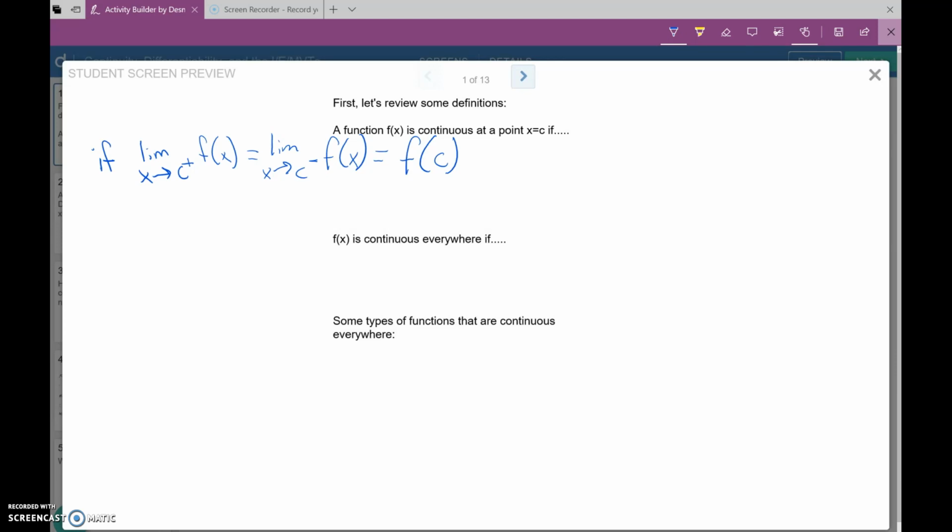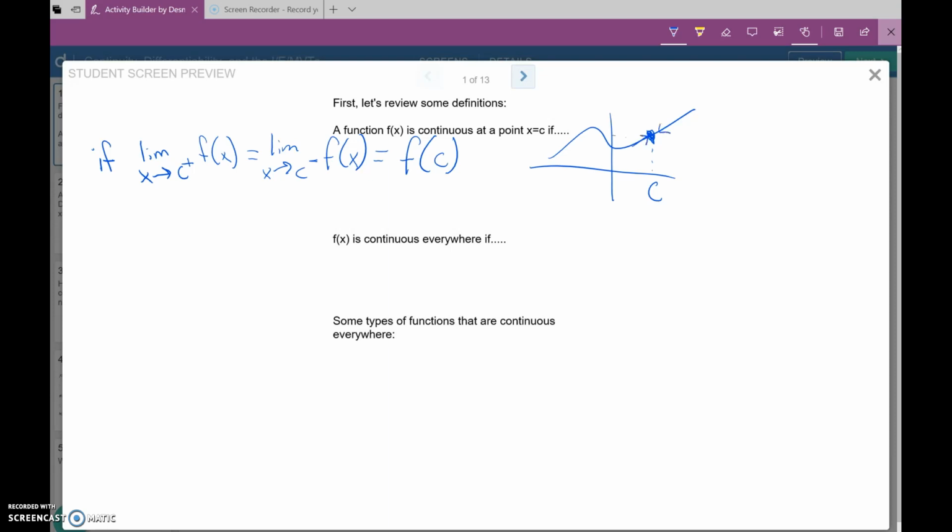A function is continuous at a point if the y values approach the same value from the left and right, and when you actually arrive at this point, the output of the function is the same point that the two sides were approaching. So this function is continuous at this point, c, because as we approach from the left, we're approaching the same y value.